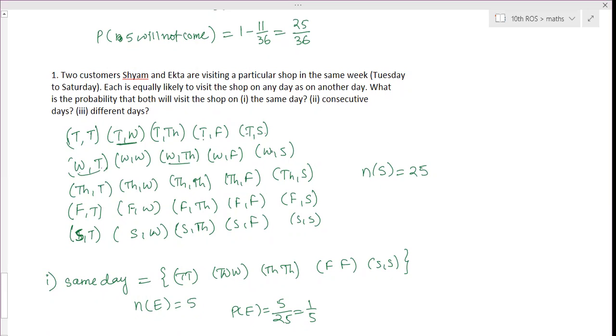Wednesday, Friday and Wednesday, Saturday are not consecutive. Thursday, Tuesday is not, but Thursday, Wednesday is consecutive. Thursday, Thursday no. Thursday, Friday yes. Friday, Tuesday no. Friday, Wednesday no. Friday, Thursday yes. Friday, Saturday yes. Saturday, Friday yes. And anything else?